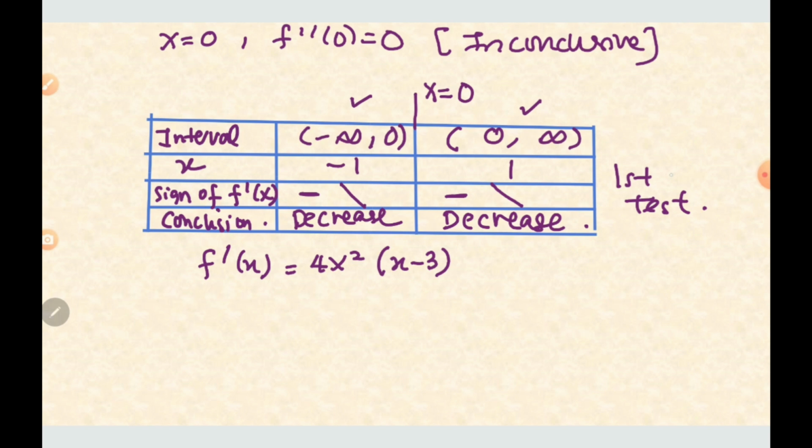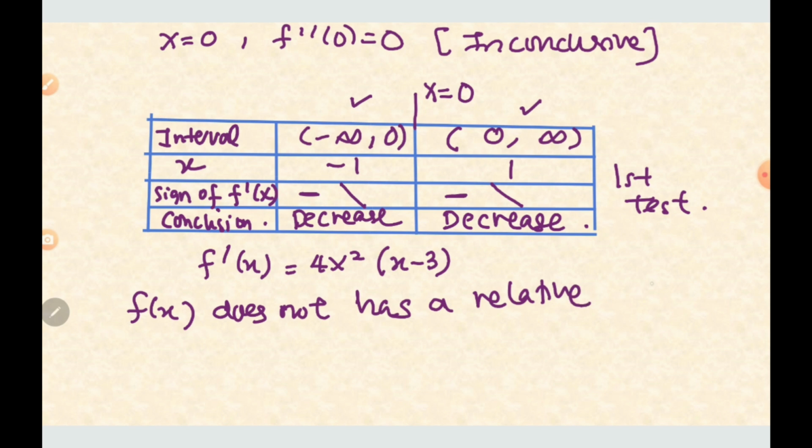Okay, so what can we say here? From the first derivative test, we can say that f(x) does not have a relative extremum.